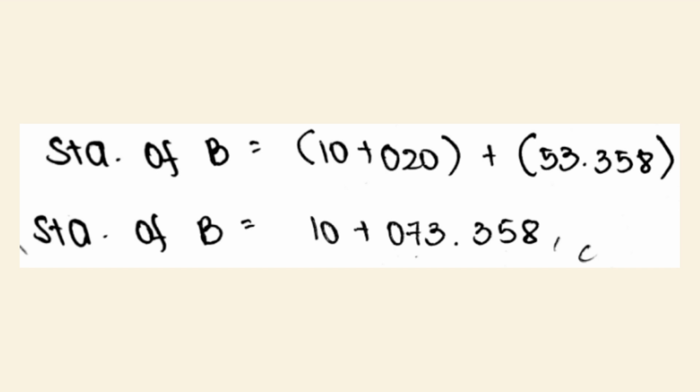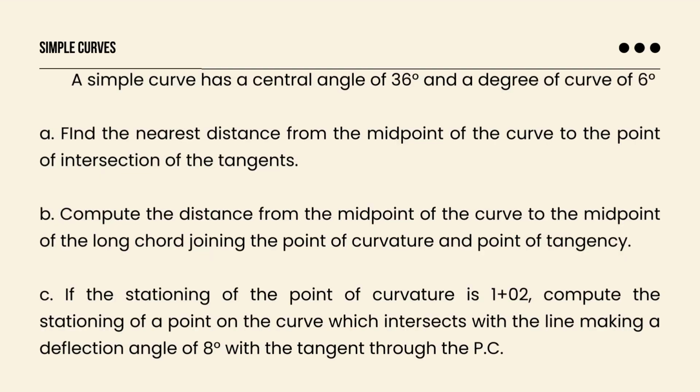073.358. Next, let's solve the same problem, this time using the English system of measurement. We will convert our given, and now our problem would be: a simple curve has a central angle of 36 degrees and a degree of curve of 6 degrees. A. Find the nearest distance from the midpoint of the curve to the point of intersection of the tangents.